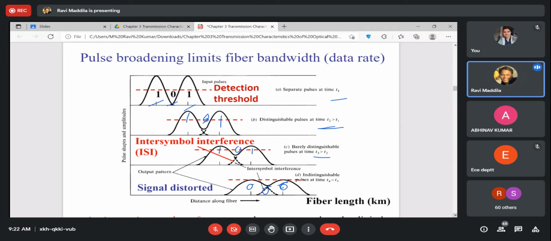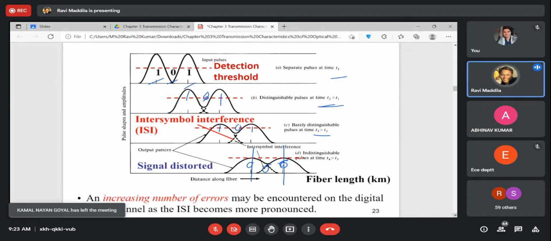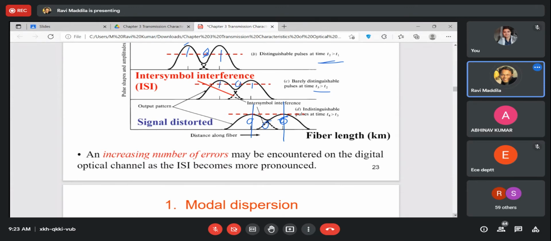Okay, so in this way, just by loss of power, we can say that, well, it's not exactly a loss of power, but the signal amplitude or power that is getting reduced at specific times, at the time where you want it to be at a peak.